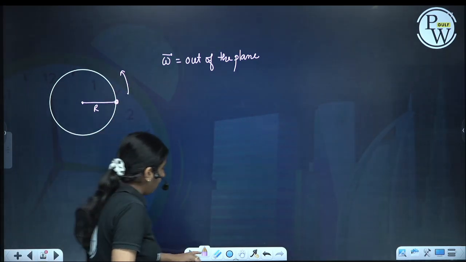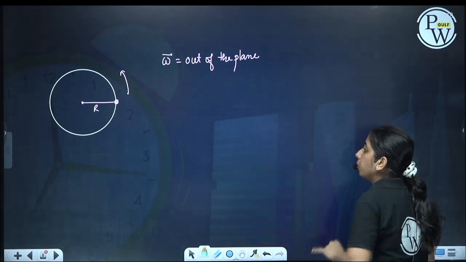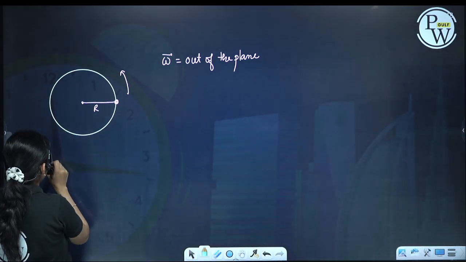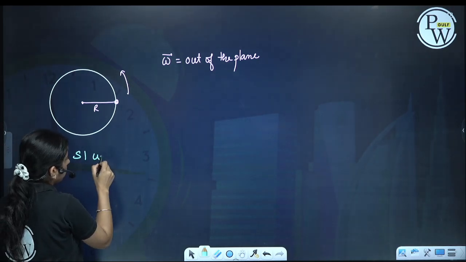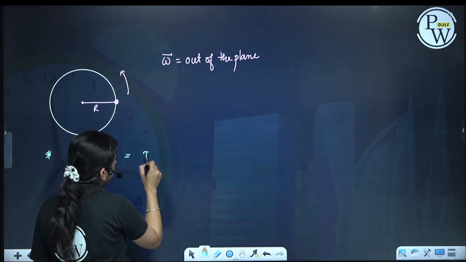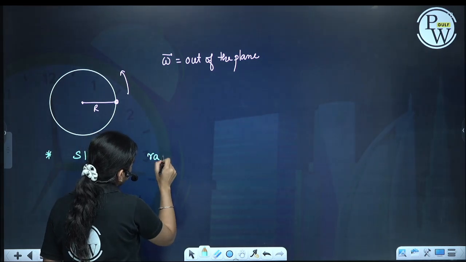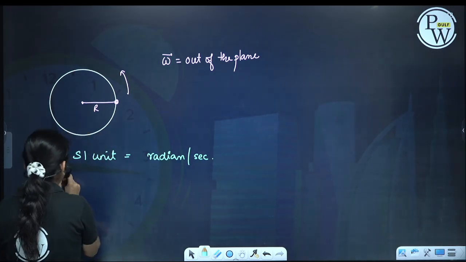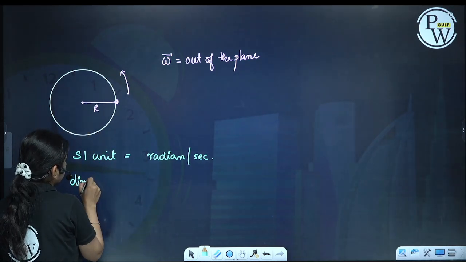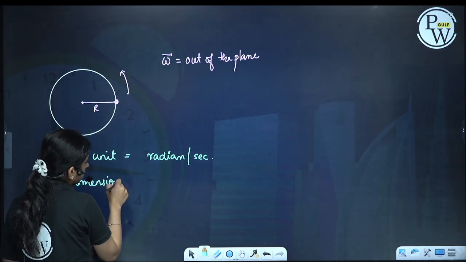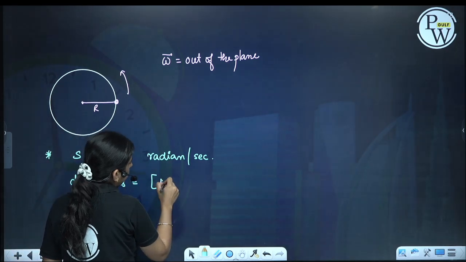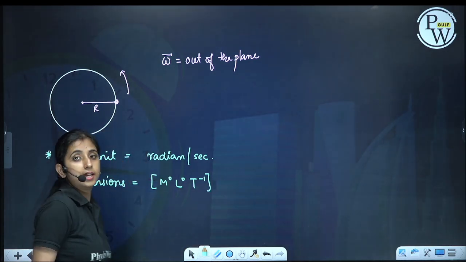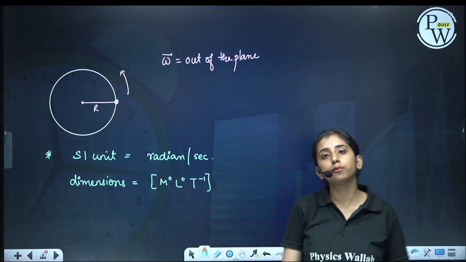So we give the direction of omega by the right hand thumb rule. Now what is the SI unit? The SI unit of omega will be radian per second, and its dimensions will be M0 L0 T raised to the power minus 1.